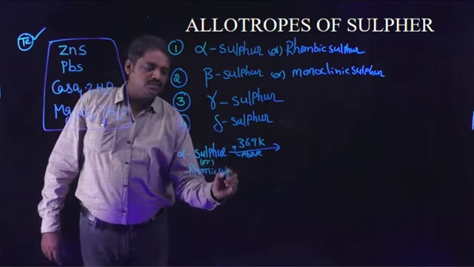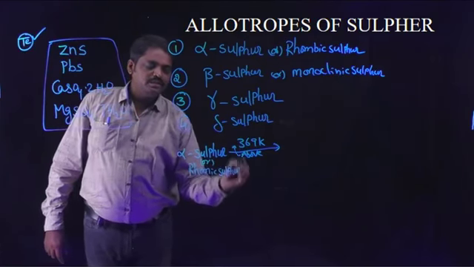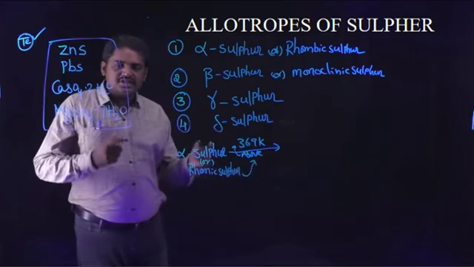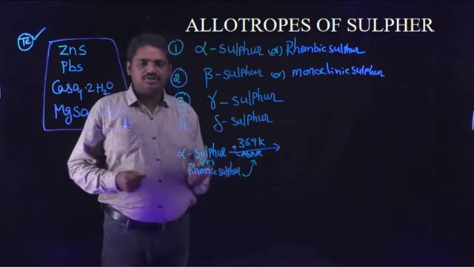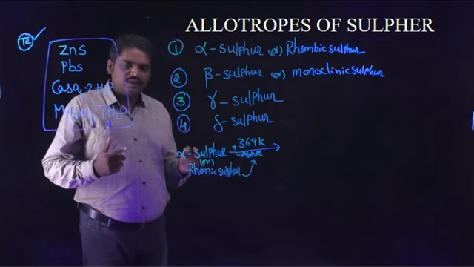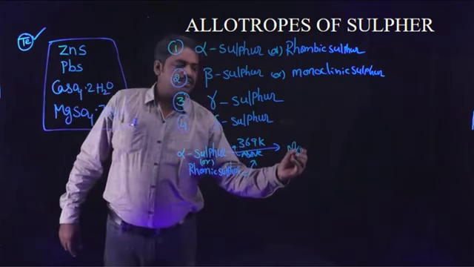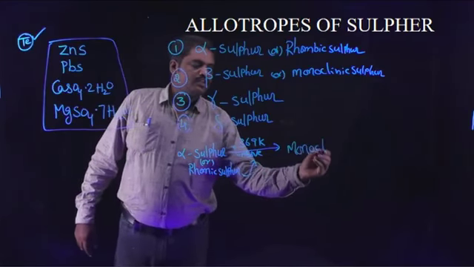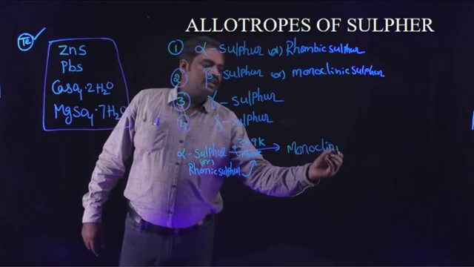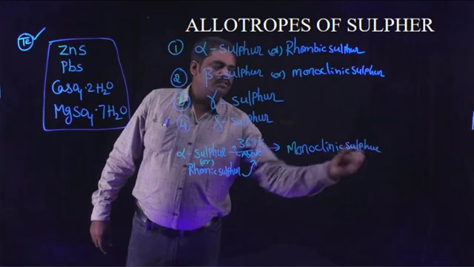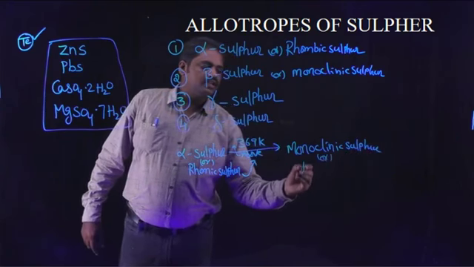This rhombic sulfur, above 369 kelvins, is converted to monoclinic sulfur or beta sulfur.